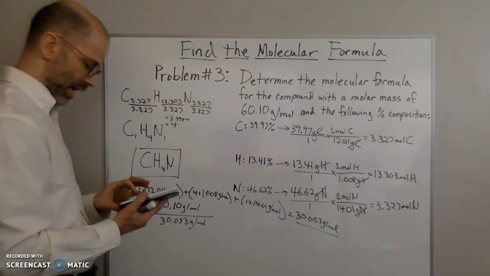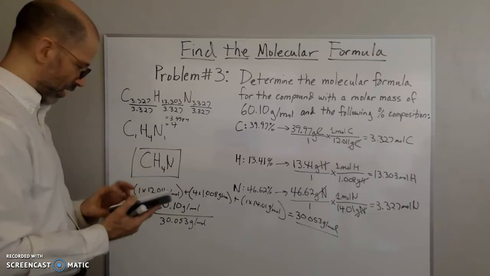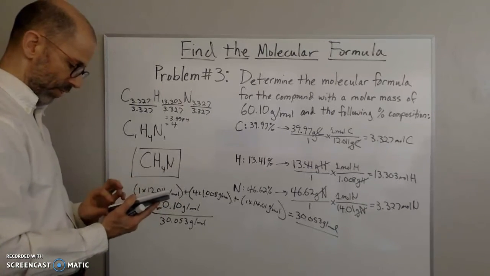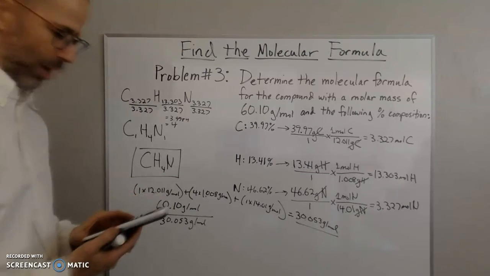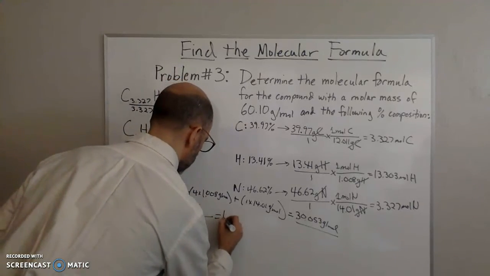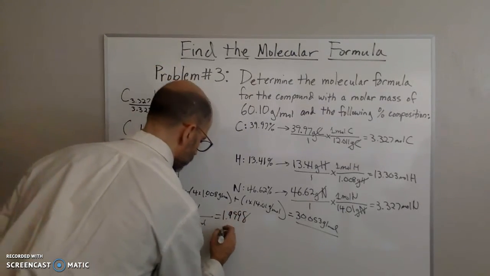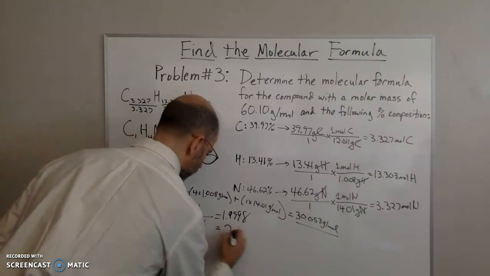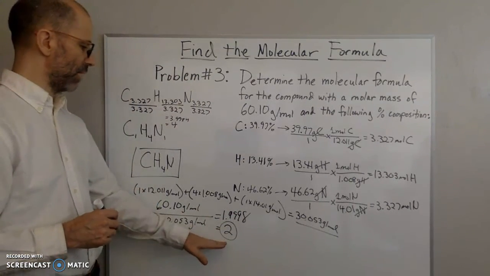So 60.10 divided by 30, and I get 1.9998, which is really close to 2. So it's basically 2. So the factor that I'm going to multiply by is 2.